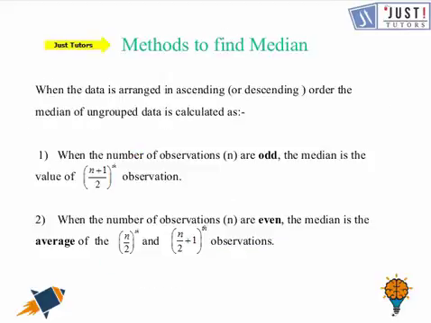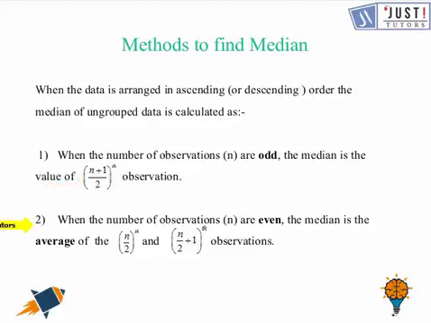Let's see methods to find the median. Depending upon whether the number of observations you are given is odd or even, we have different values. Look at the first point here: when the number of observations is odd, then the median is the (n plus 1) over 2th observation. That is, we are exactly at the halfway.